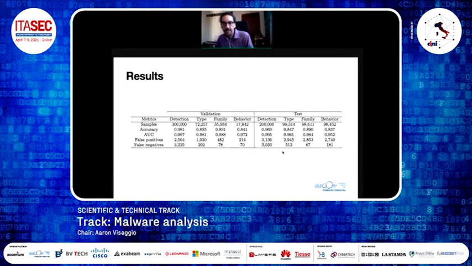Okay, so the numerical results of the performances are actually kind of difficult to discuss, because we didn't find in the literature a unified approach for the complete classification of malware like we did here. But anyway, we can see that in the detection stage the results are not optimal, but comparable with the state of the art.